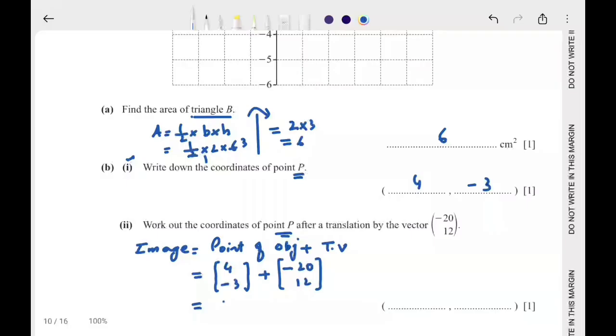So it will be 4 plus -20, and -3 plus 12. So 4 minus 20 is -16, and -3 plus 12 is 9. So these are the coordinates of the image: (-16, 9).